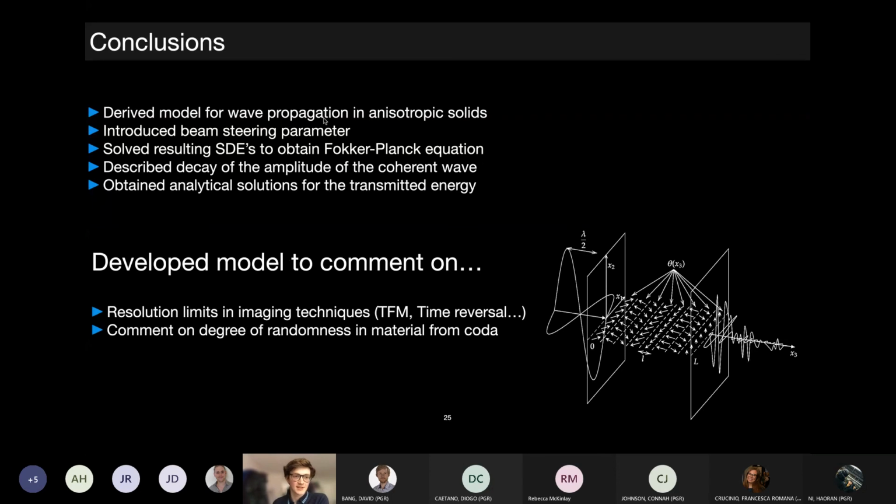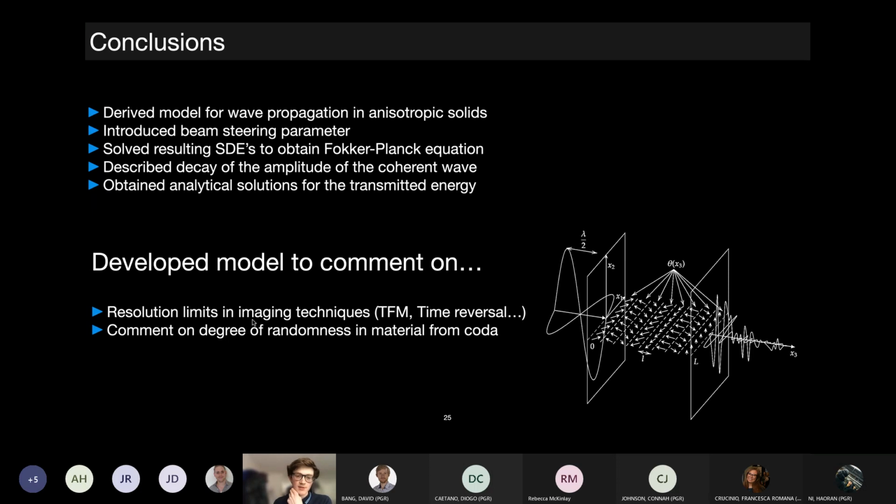So yeah, thank you for listening. Just to recap, we've derived a model for wave propagation where you can't assume the material is homogeneous. We have this beam steering parameter, which is important when you're modeling arrays and such. You have this directionality, and we have solved these SDE systems and commented on the statistics.